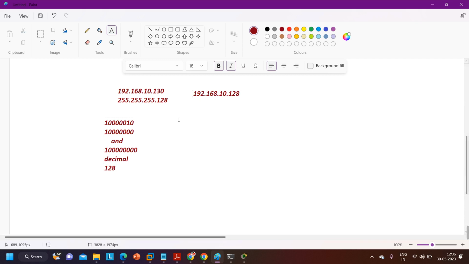Okay. Now again I am going to give you one network, 192.168.10.165, and the subnet mask is 255.255.255.248. Can you tell me what will be the network ID?